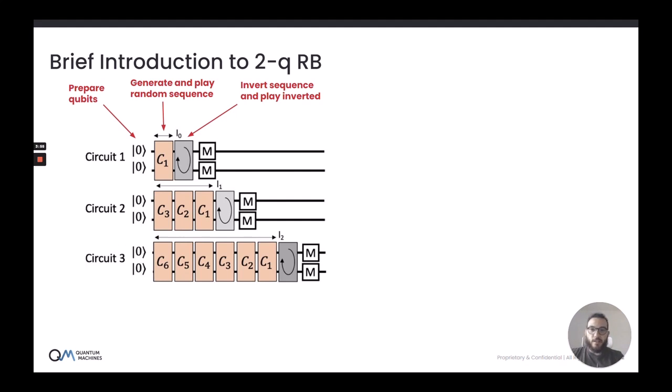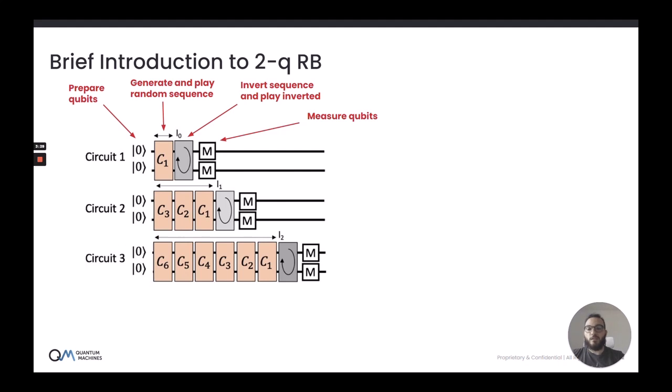The idea behind this is that once we apply a Clifford and then we apply the inverted Clifford, we get the identity back. So after having prepared the qubit in the zero state, when we in the end measure, we should be measuring zero state again. If we measure anything different than zero, then we are evidencing an error in the Clifford sequence that we do.